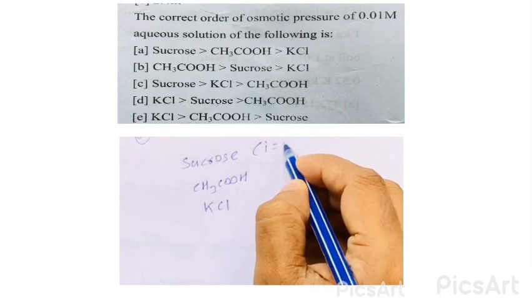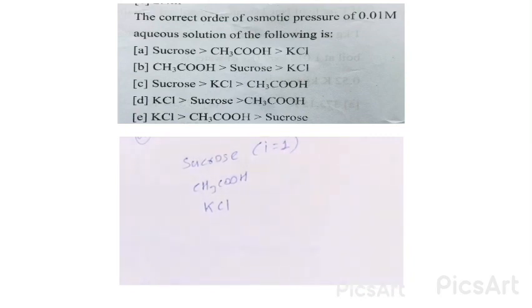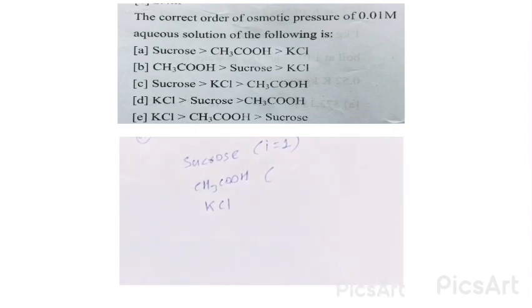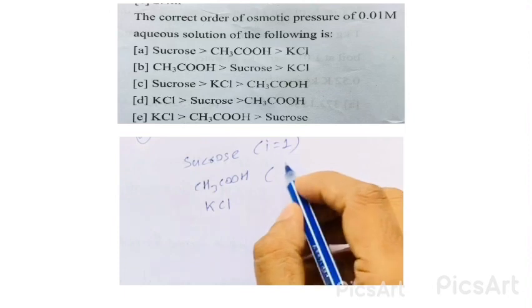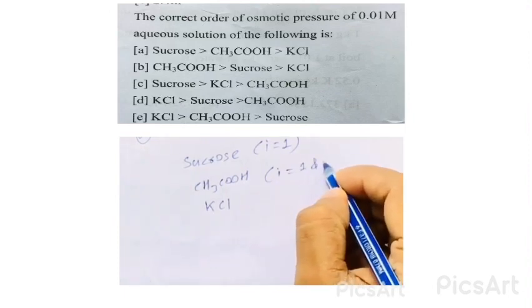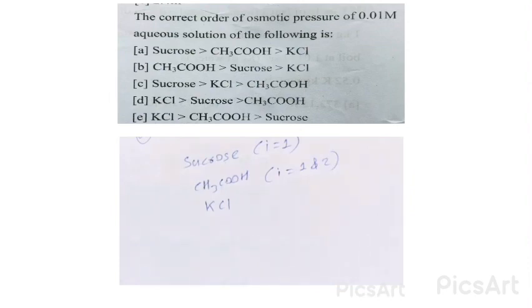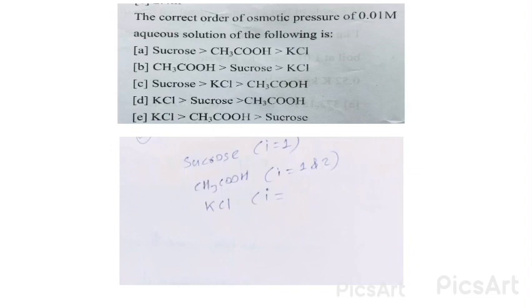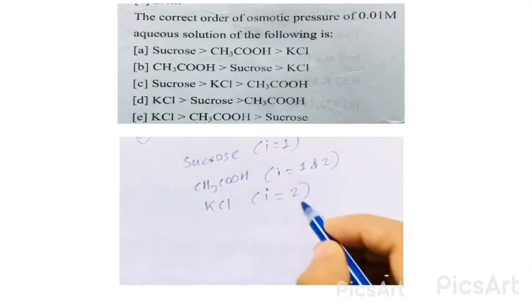Its i factor will be 1. CH3COOH is a weak acid, so it undergoes partial dissociation to ions. So its i will be between 1 and 2. KCl undergoes complete dissociation. Its i will be 2.